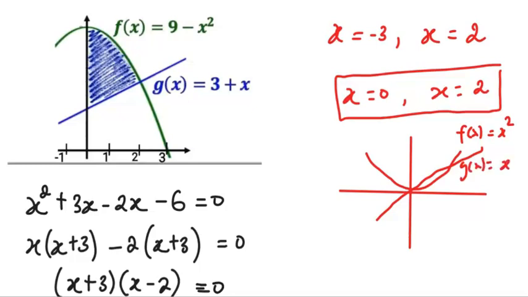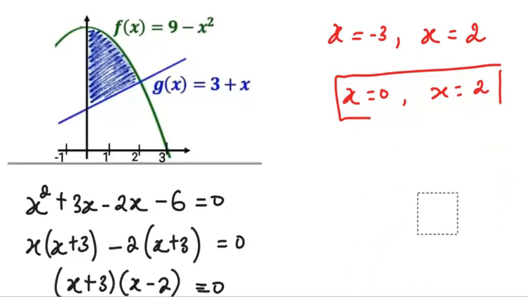Now, to find the area enclosed by this curve and this straight line, we should know that our integration will take from this point of intersection to the second point of intersection. So we use the integration method. Let's say this is a and this is b. So this is going to be the integral from a to b of the difference, that is f of x minus g of x dx. This is the method we're going to use here.